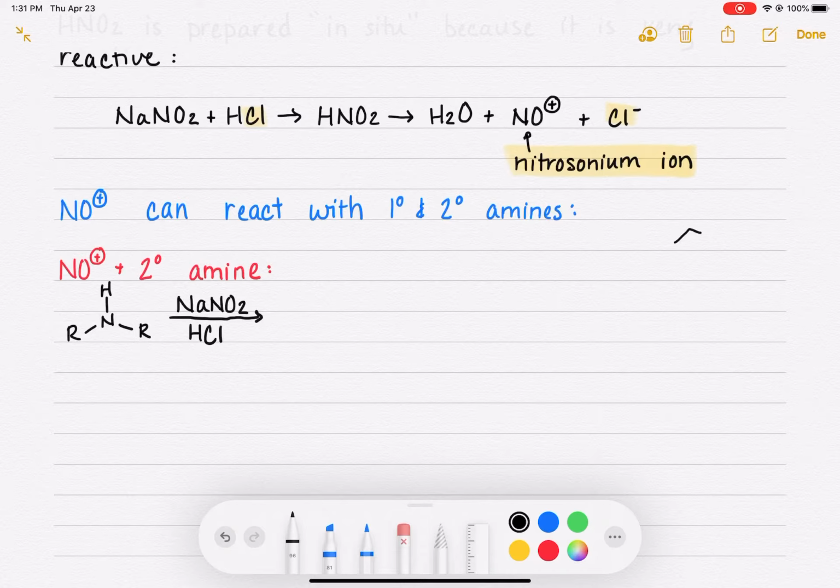Even though we know the Grignard reactive species is a carbanion, we aren't writing that as the reagent. We're writing the structure of the Grignard as the reagent. So we're writing NaNO2 and HCl, and the product of this reaction is what we call an N-nitrosamine.